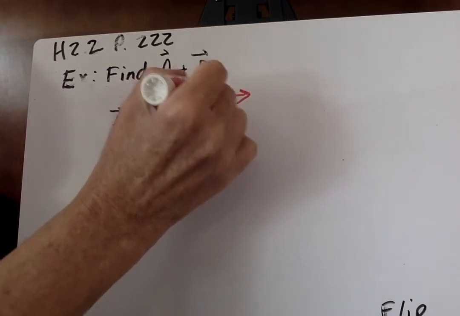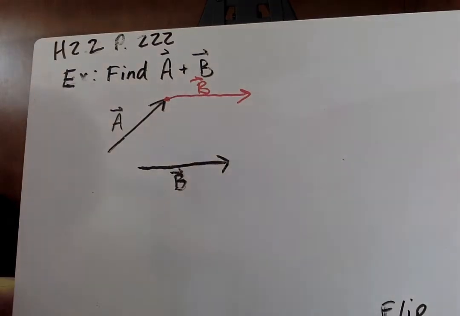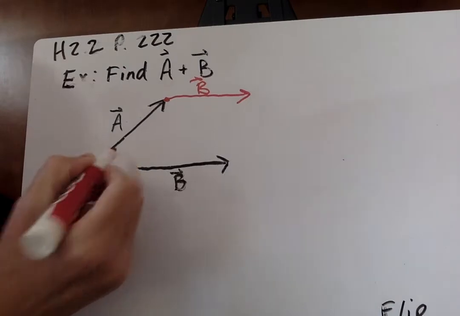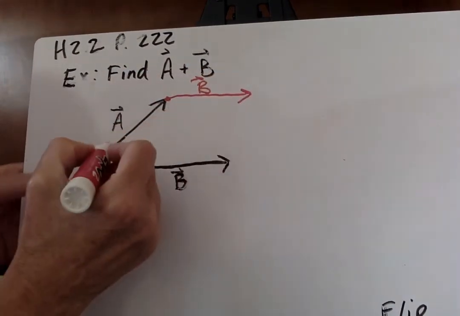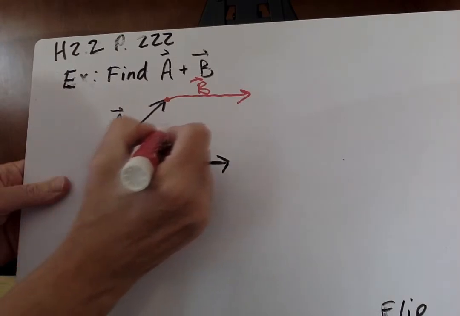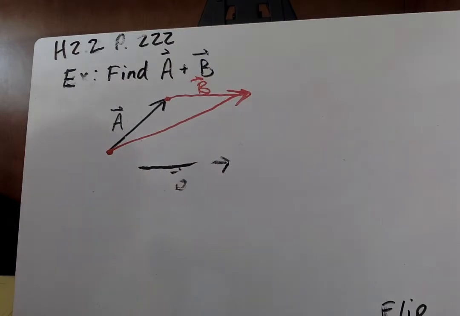So this is now B. The resultant vector extends from the initial point of A, right here, to the terminal point of B over there. So the resultant will look something like that. It's not exactly perfect, but that's your resultant vector. That is how you do it geometrically when you're looking for A plus B.